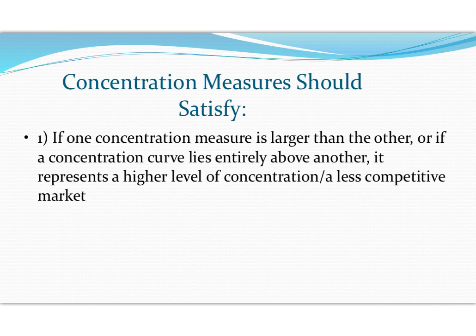So in the previous slide, because that red line for market A was always above the blue line for market B, we would say that market A is more concentrated and less competitive than market B, and that's exactly what our gut told us. Our gut told us market B looks more competitive, market A looks less competitive.